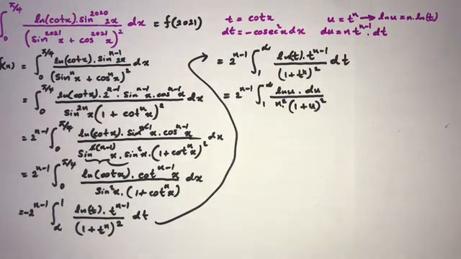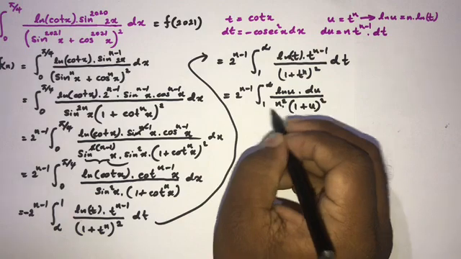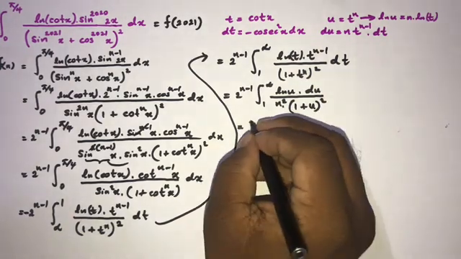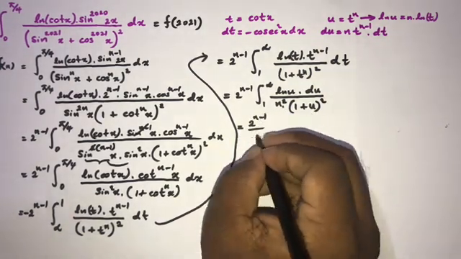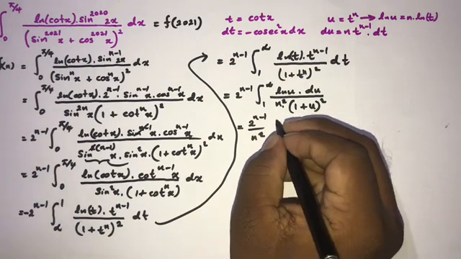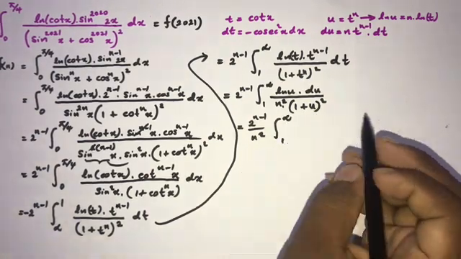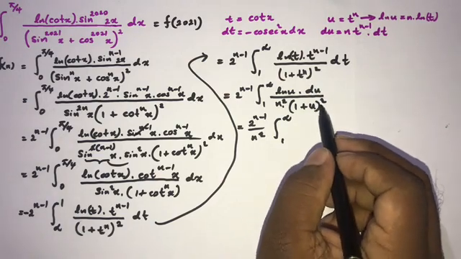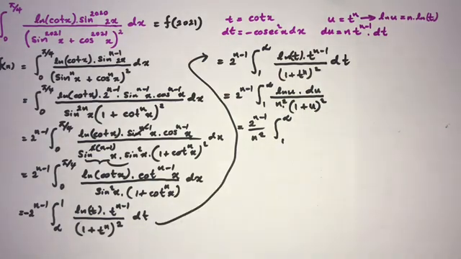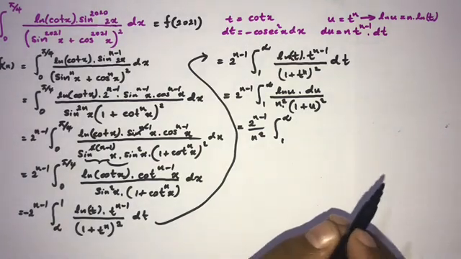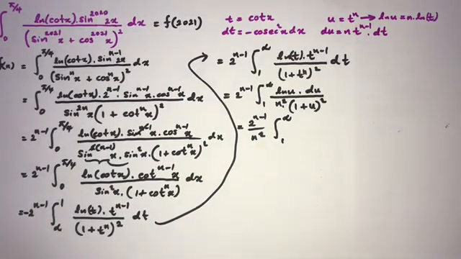Okay, then we know n square is a constant, so we can write 2 to the n minus 1 power over n square integral from 1 to infinity of natural log of u over 1 plus u square. To evaluate this integral, we can use the by parts method.